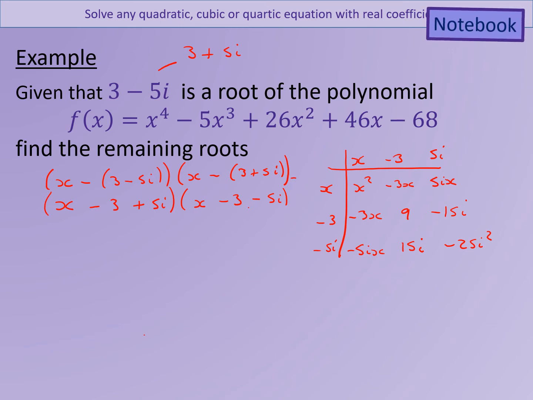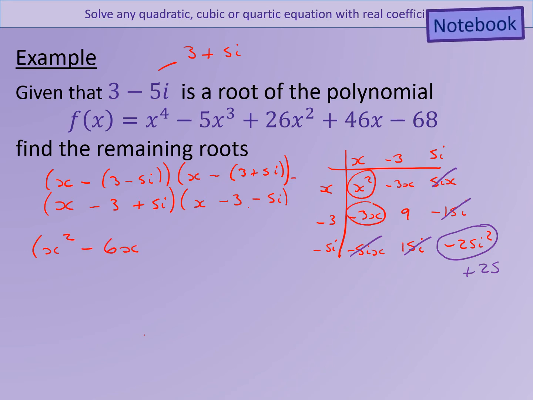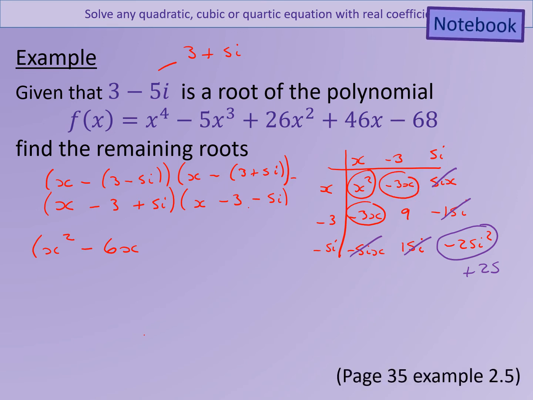So just cancelling out the parts that cancel, they cancel and they cancel, and noticing that that is just going to be plus 25 because of the i squared. The first quadratic factor is x squared minus 6x, that's there and there. We've then got 9 and 25, which is 34. So that is our first quadratic factor.